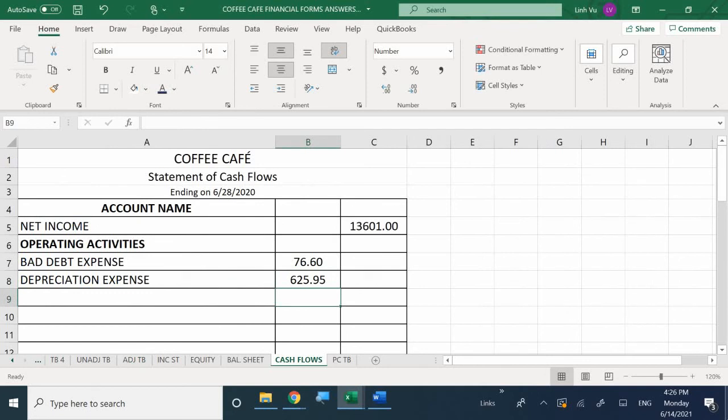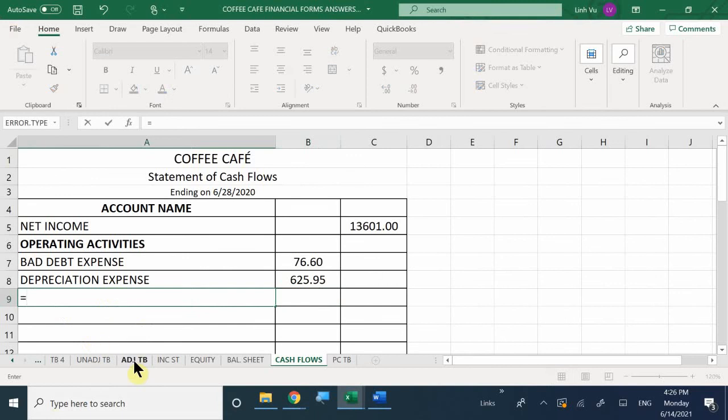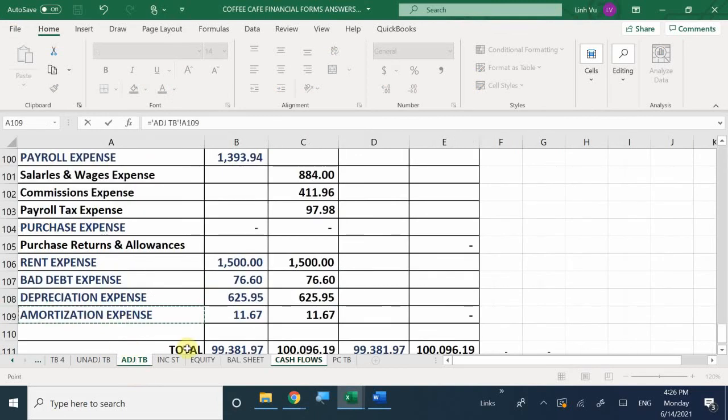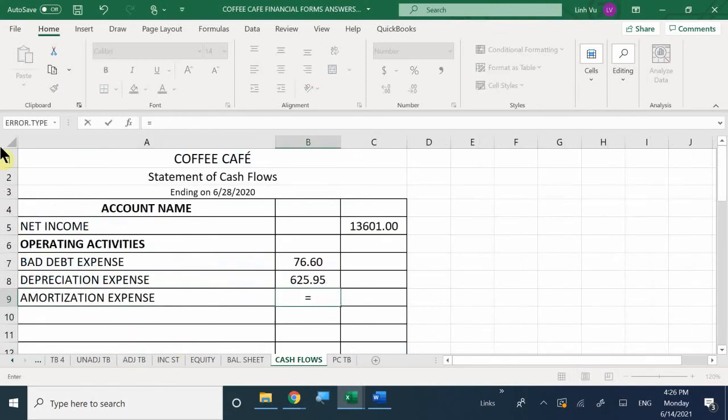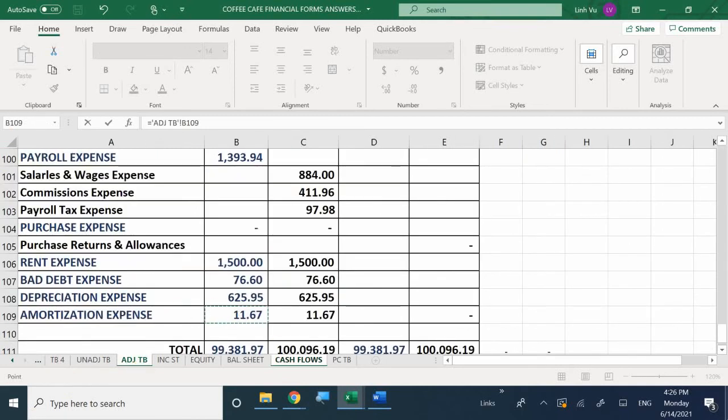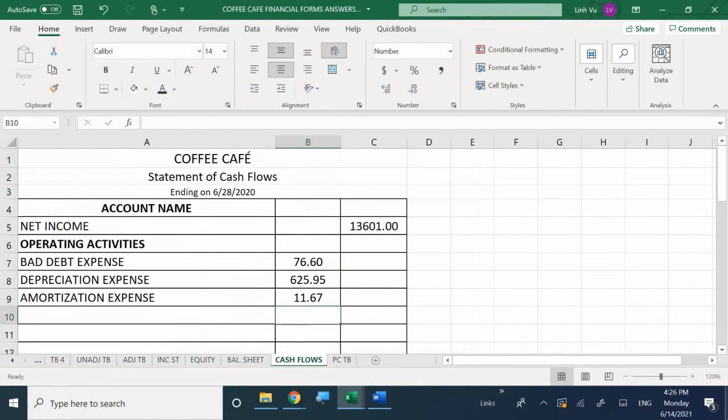No money was actually physically taken out, so we need to add it back to my cash flows. Same thing with amortization. We need to add that back to our pile of money because we didn't spend $11.67 to incur the amortization for goodwill.